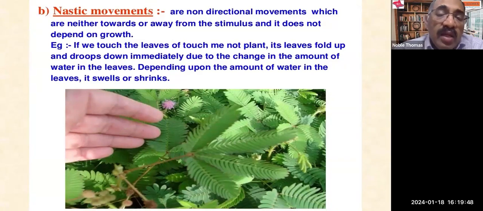Then we have another example, thigmonastism. One of the best examples is the touch-me-not plant or Mimosa pudica. This plant has a special ability.